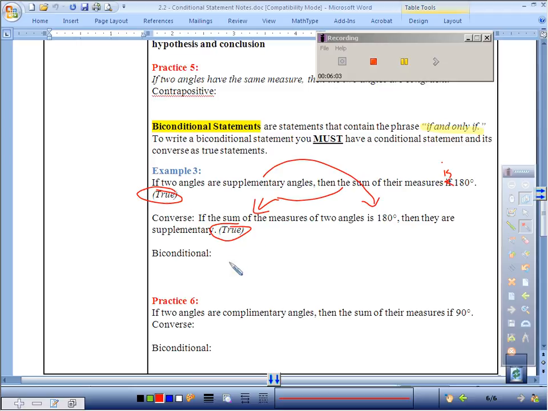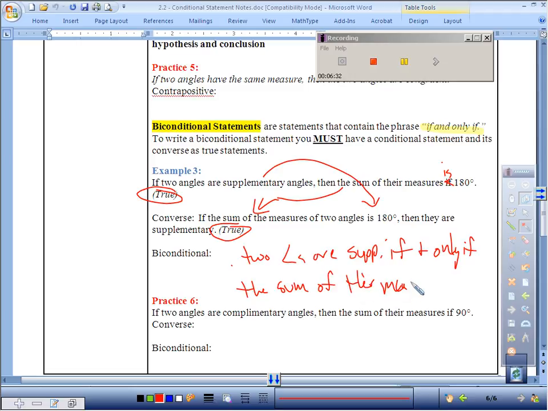And we say, two angles are supplementary if and only if the sum of their measures is 180. And that's a biconditional.